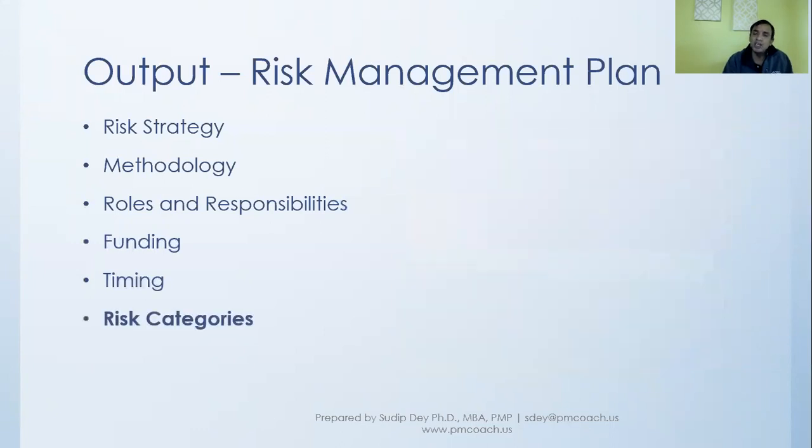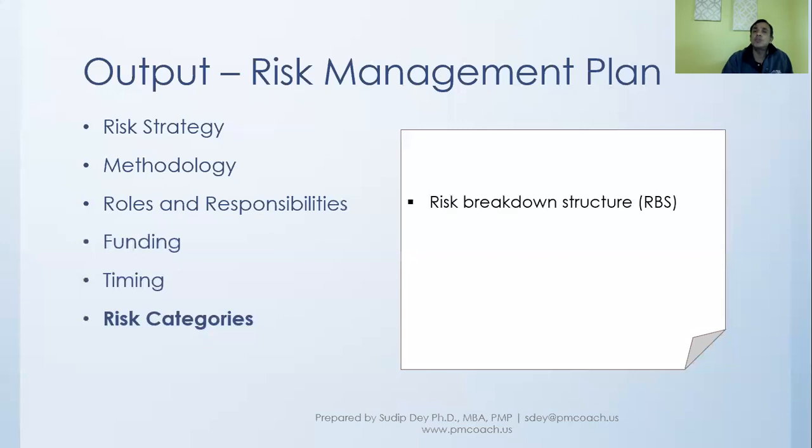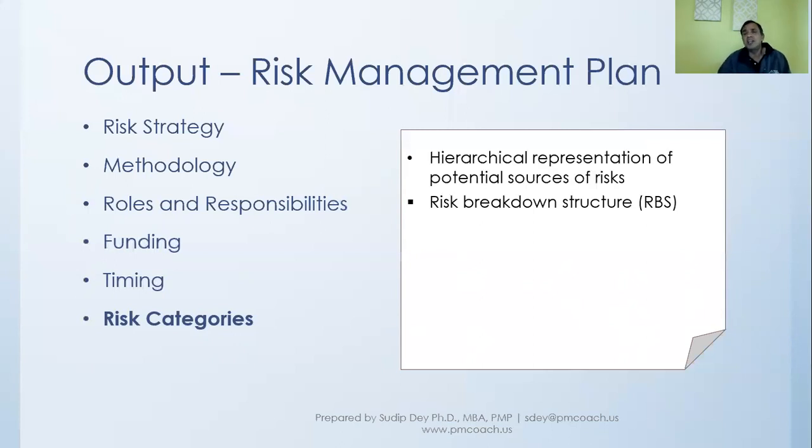Risk categories. We will talk about some kind of breakdown structure. They are really a hierarchical representation of sources of risk. We have looked at different breakdown structures. If you remember, we had the work breakdown structure, the resource breakdown structure, right?